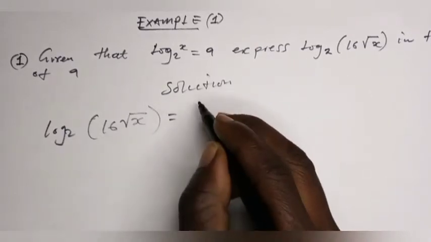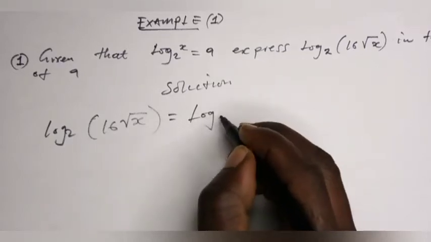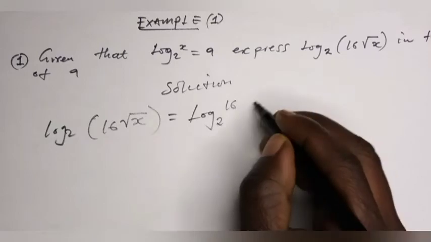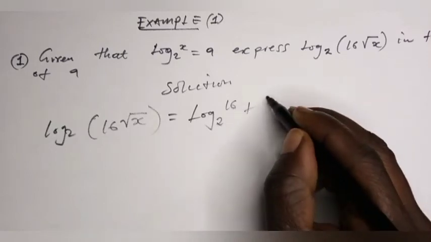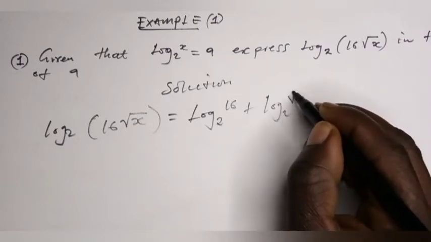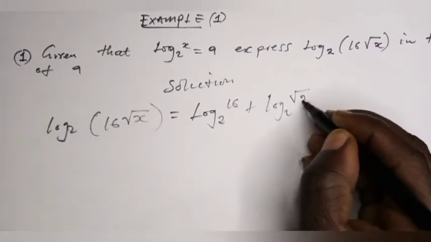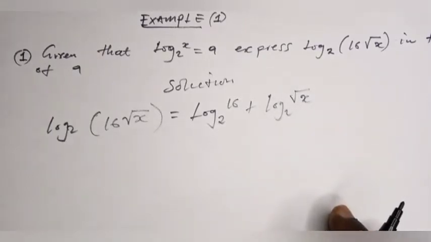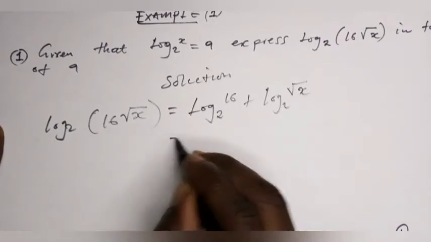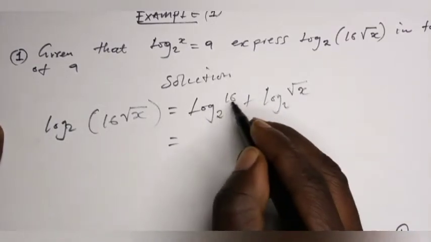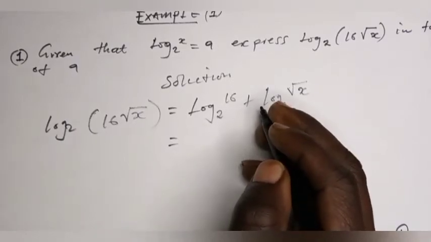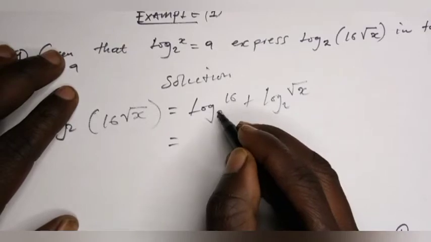This way it will be log base 2 of 16 plus log base 2 of root x. Then let's simplify it. Let's reduce 16 into the same base, like 2.